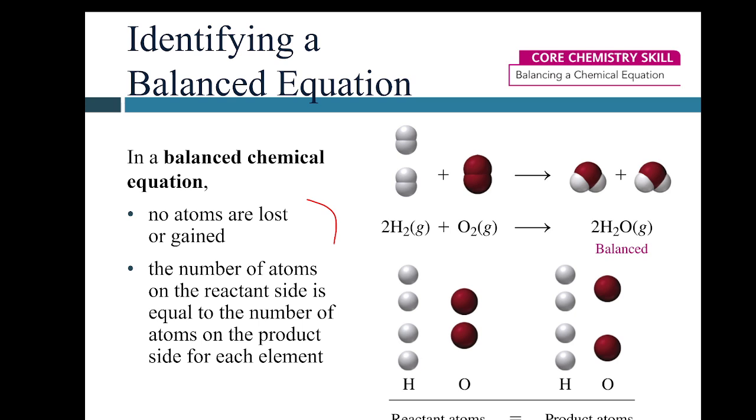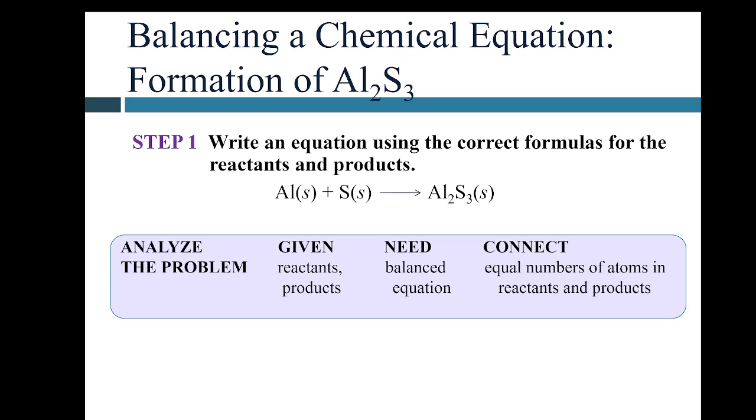Always start on the thing that's going to be the most time-consuming, energy-consuming, the most difficult that you need done. Okay, so let's go ahead and write the equation using correct formulas for reactants and products. Right here we have an unbalanced equation, don't we? All right, so how in the world do we balance this?